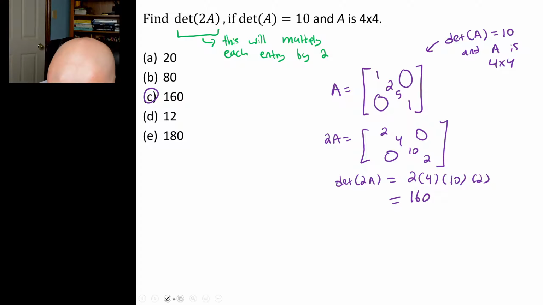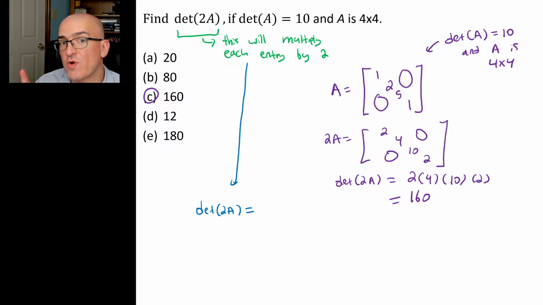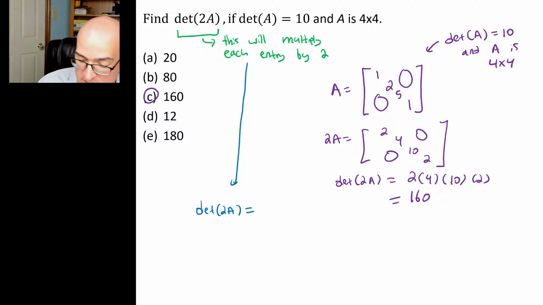So what's going to end up happening is that our determinant of 2A will be, and here's a shortcut to the shortcut, okay? Shortcut to the shortcut. It's going to be 2 to the power of n times the determinant of A, for a square matrix.